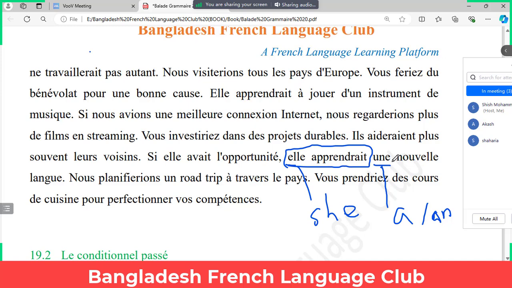If there is only one L, it means he, masculine, then there will be only un. So this is not about the subject, it's a word for novel.